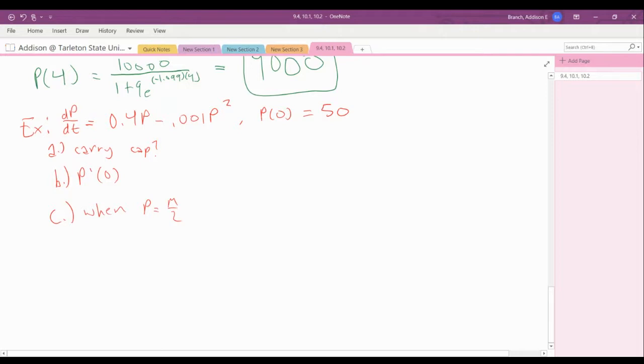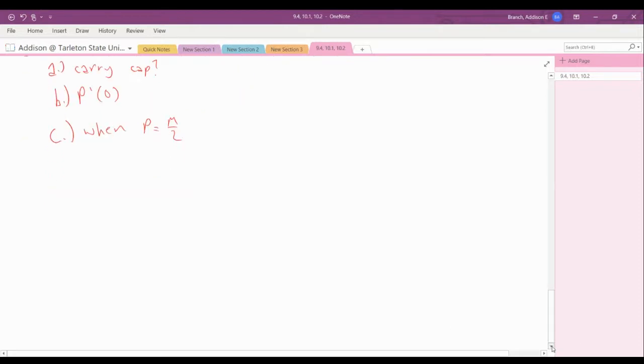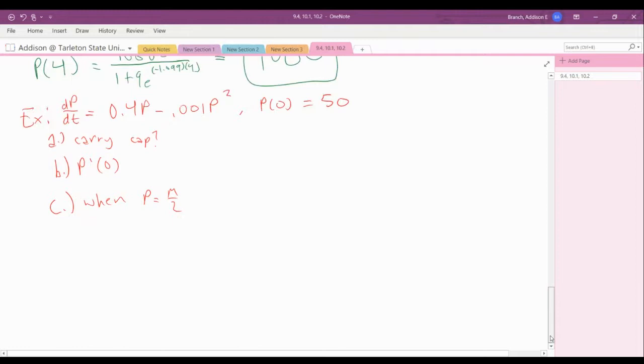So let's go ahead and get started with this one. It doesn't tell us exactly which model that we're using, but we can use context clues to figure it out. Of course, they tell us carrying capacity in the problem, so you can assume it's going to be logistic.